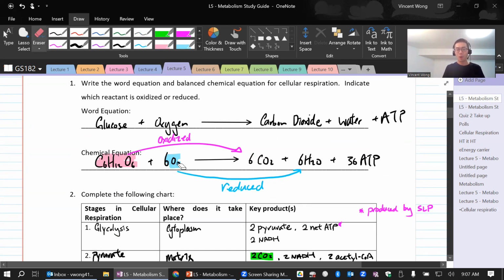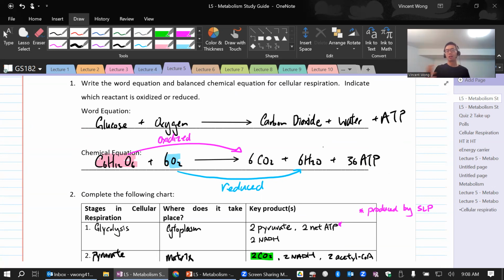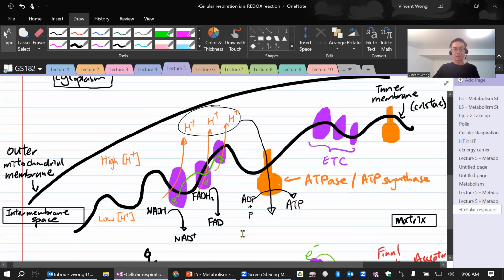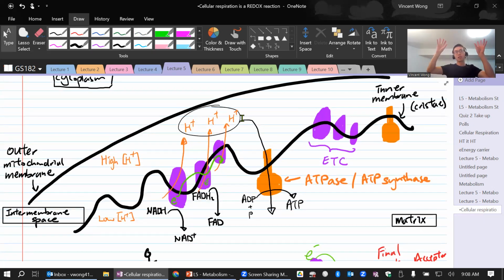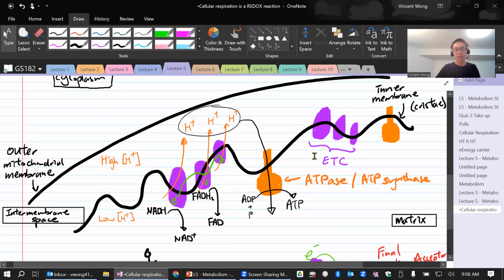When the electrons get on the oxygen, they become water. So oxygen is the final destination of all those electrons. By the time they get to oxygen, they don't have energy left anymore. We use their energy. What did we use it for? We use it to pump H plus from the matrix to the intermembrane space, to create that reservoir, that gradient of H plus so that we can make ATP from it, right?